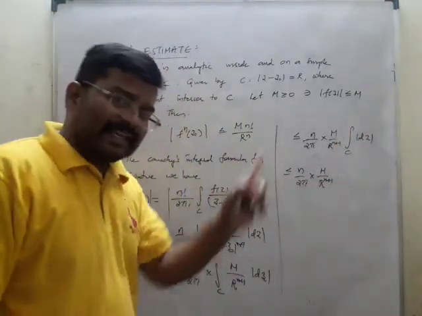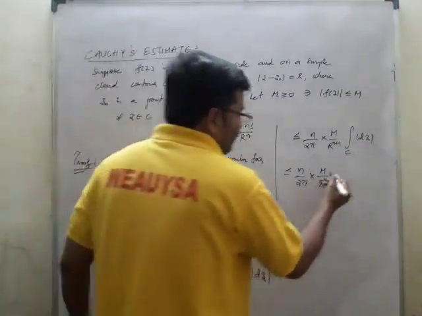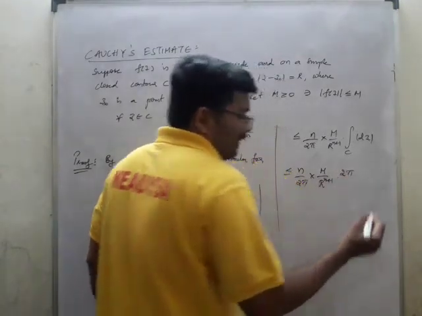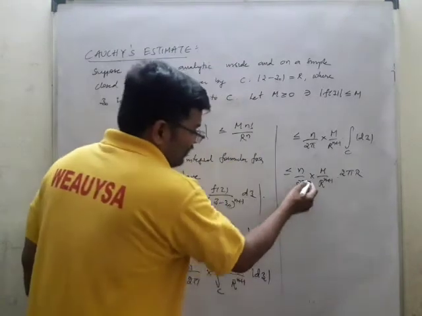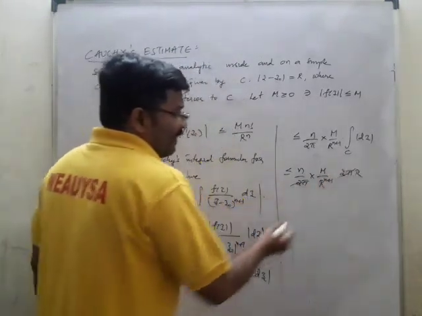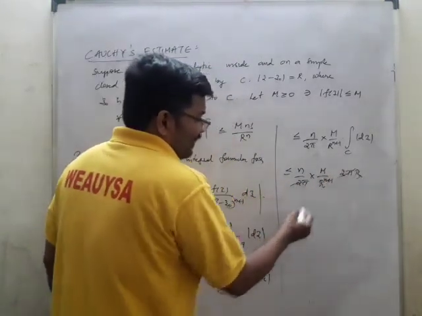The curve is a circle, so its length is the circumference 2πr, with radius r. So this 2π gets cancelled, and this r and one r will get cancelled.